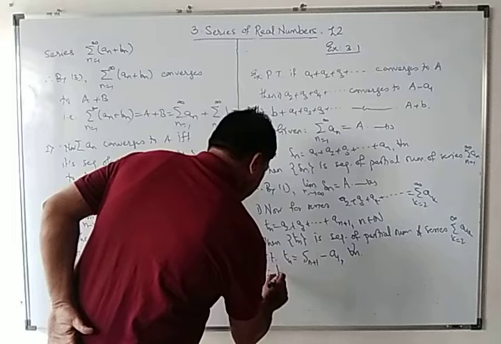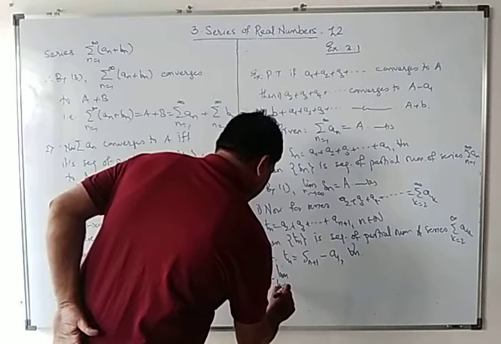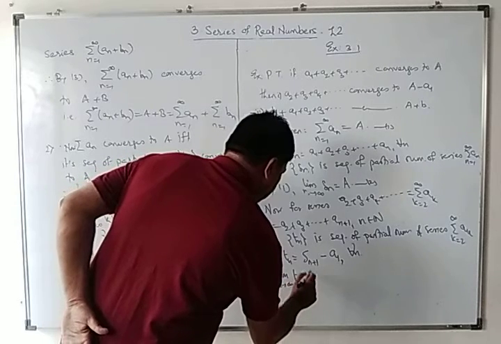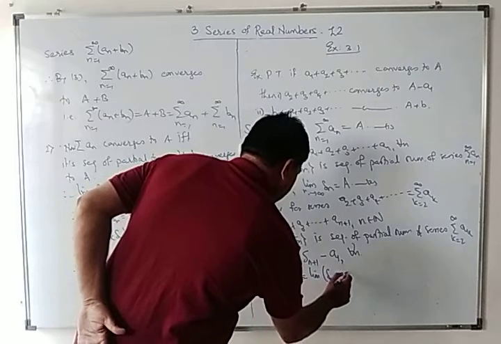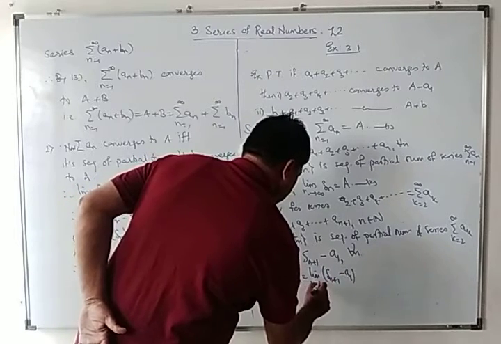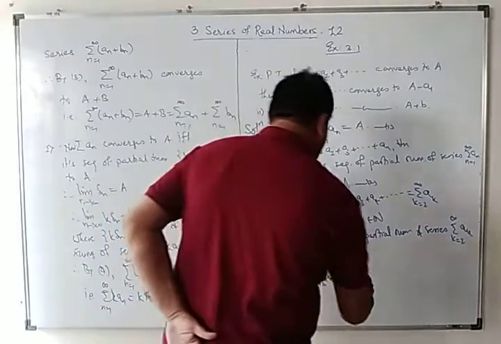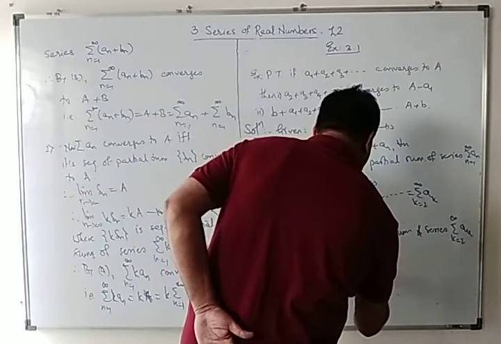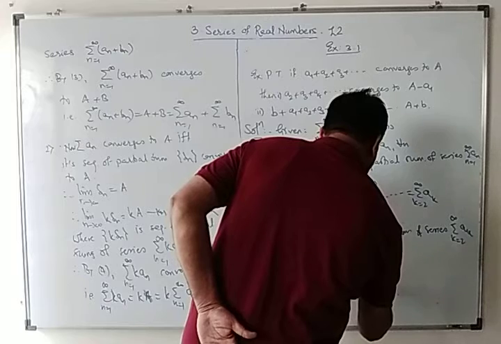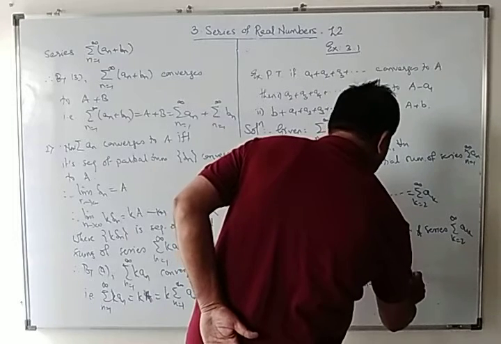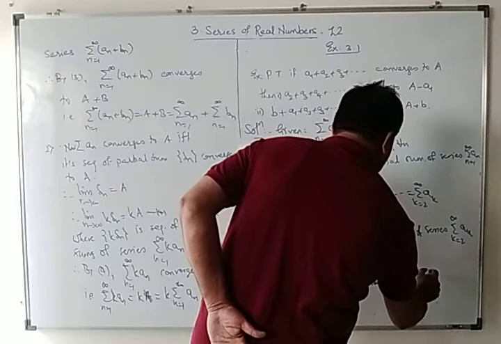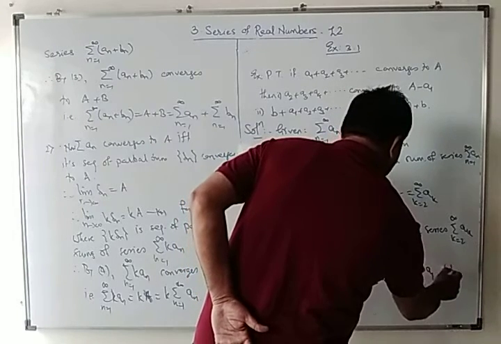Therefore, limit n tends to infinity of Tn is equal to limit of Sn plus 1 minus a1, which is equal to limit of Sn plus 1 minus a1, which is nothing but A minus a1.